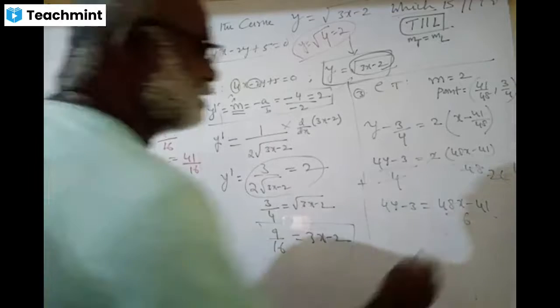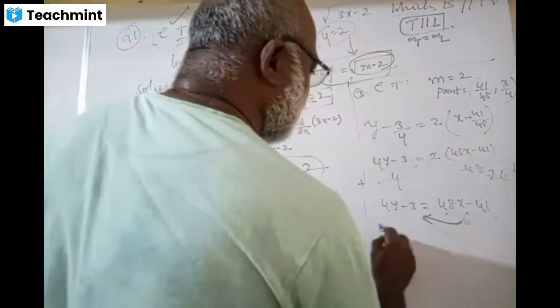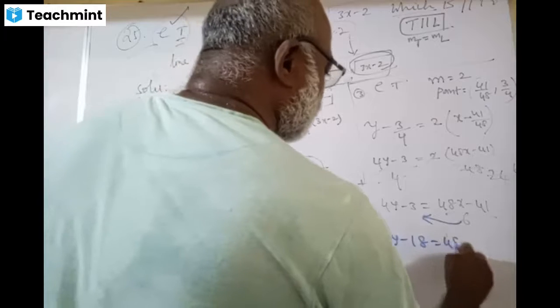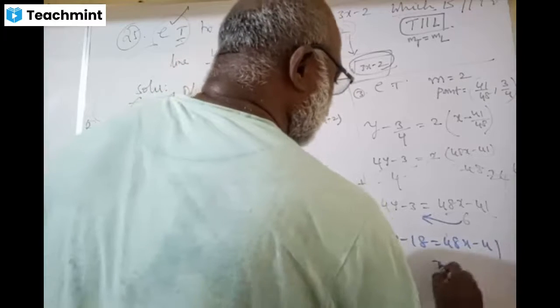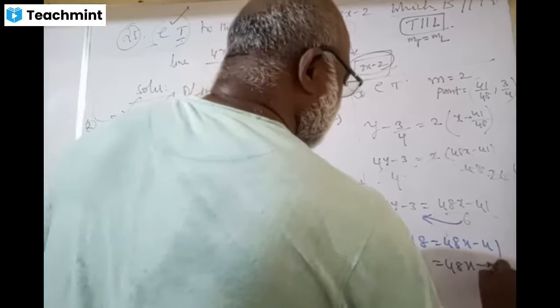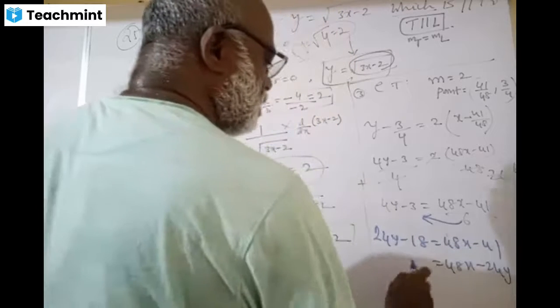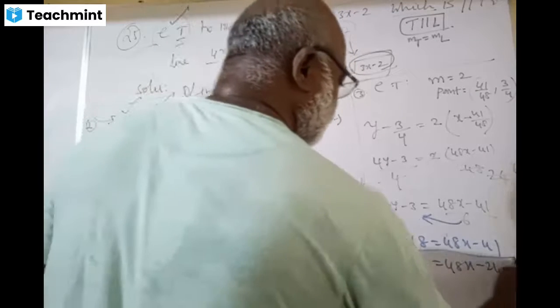Now cross multiply the 6. 24y minus 18 is equal to 48x minus 41. 48x minus 24y and the 41 inside.